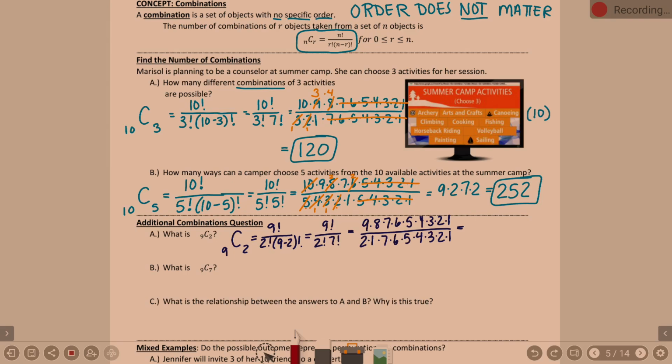If we want to take the easy route, get rid of 7 through 1. 2 divides into 8. 2 divided by 2 is 1. 8 divided by 2 leaves me with 4. I personally don't need a calculator at this point. 9 times 4 is 36. I use my fingers.